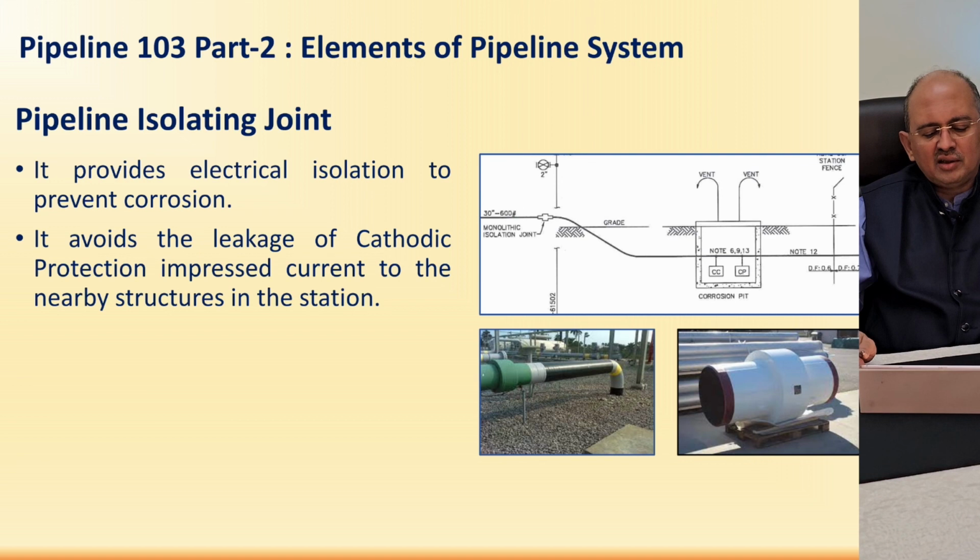So to avoid such leakage of cathodic protection impressed current to the adjacent structures in the station, an isolation joint is provided at the transition point where the pipeline goes from above ground to buried.